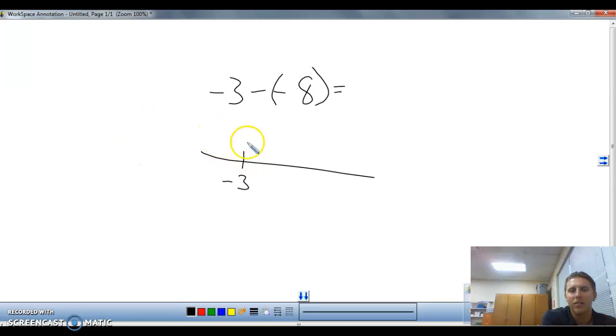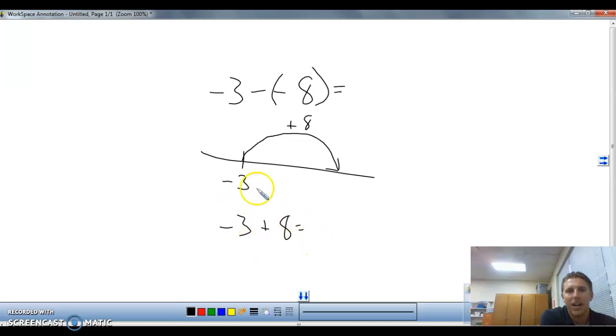We'd take away 8. But we're taking away negative 8. So you got to do something different. Well, the only other way you can go on a number line is to go to the right instead. So you're actually adding 8.